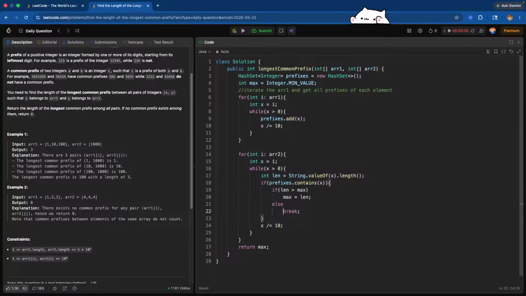Because if it is lower, then in no case will we get a higher value, right? Even if I find a value of 3 initially, okay, we move forward.